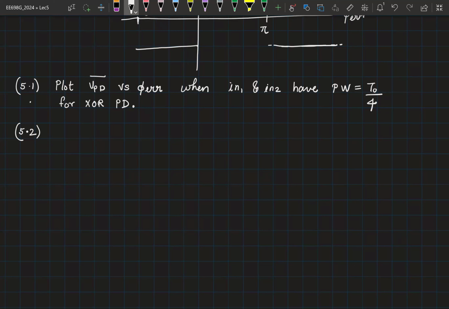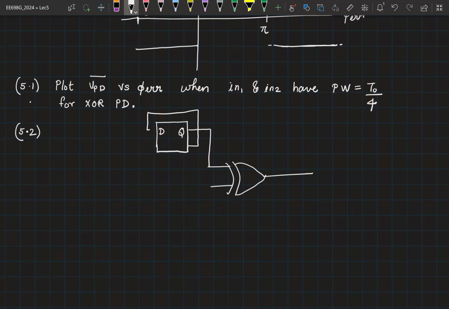Now the second question is, let's say I have an XOR-based PD. Now, instead of directly giving the input here, I give it to a divide by 2 stage. And my input is given here.